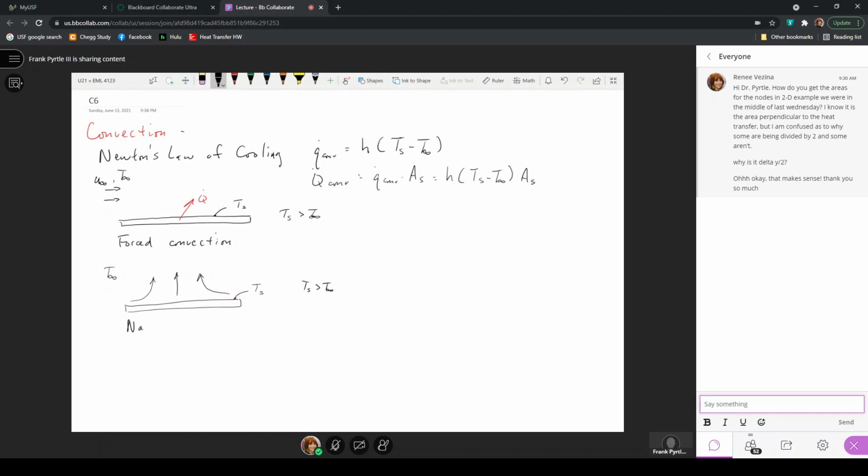Again, we just call that natural convection: as the molecules of the fluid increase in temperature, their specific volume increases, and so they move up, pushed by the more dense molecules around them, up and away from the surface in the opposite direction of gravity.